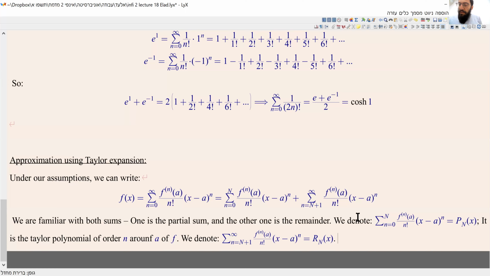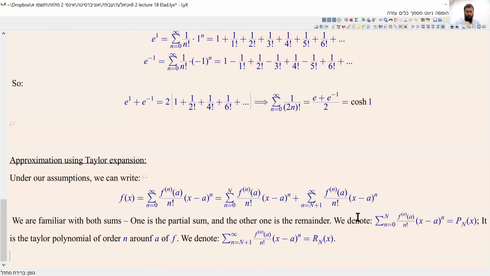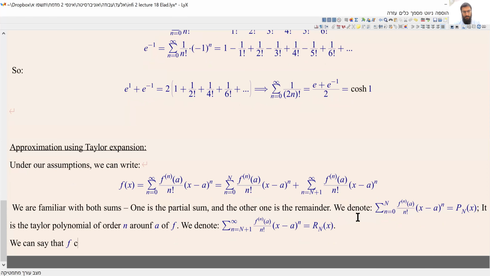Now, we can say that f can be approximated using the Taylor polynomial.